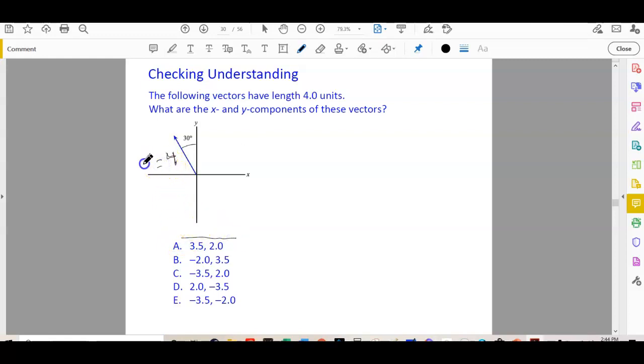I'm going to call this C. I want you to get the x component vector length and direction, and the y component vector length and direction. So go ahead and try that now. Again, you're given a C vector pointing up and to the left, and this is 30 degrees. You need to decompose this into its x component and y component in this format. Try it now.